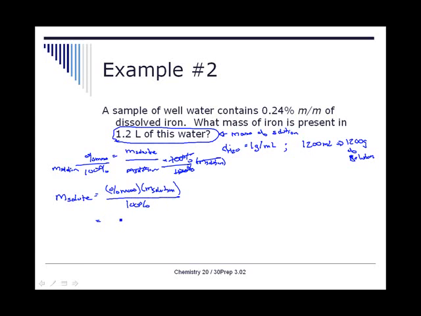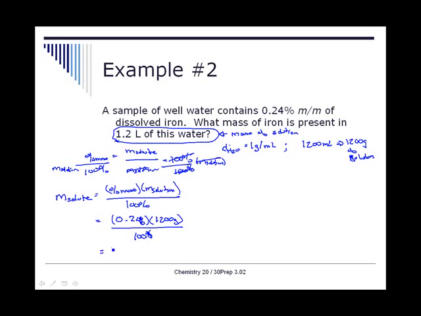So we have 0.24 times the mass of our solution, 1200 grams, divided by 100, and if we put our percents in there, you can see the percents cancel out, and we'll be left with an answer in grams.